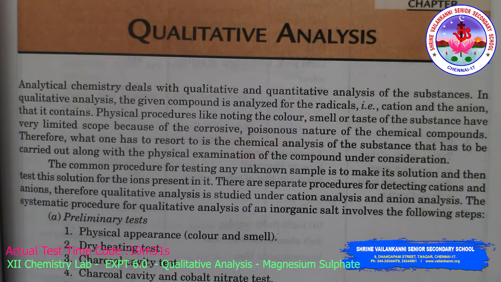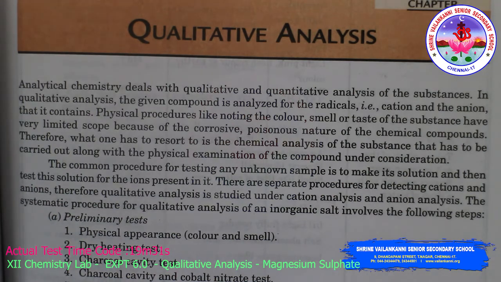Each and every radical, whether basic or acidic, has its own characteristic reaction. By doing such reactions systematically, it is possible to identify the radicals present in a salt. This is called salt analysis. There are many acid and basic radicals; we will do a few of them.